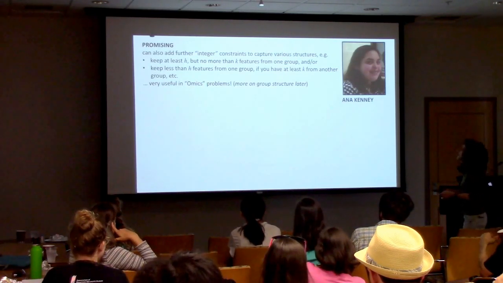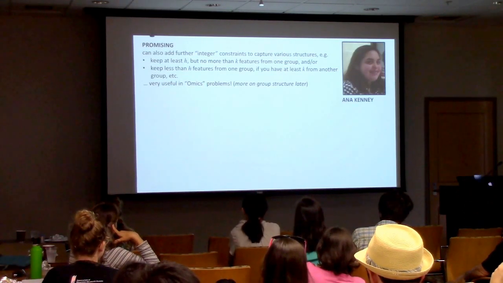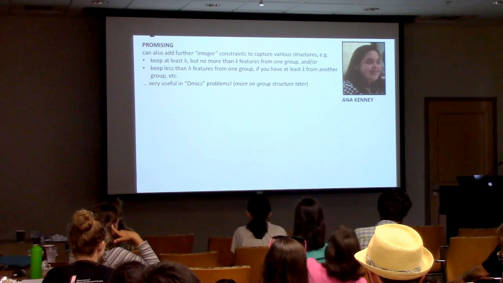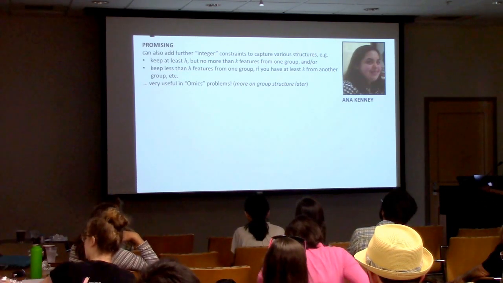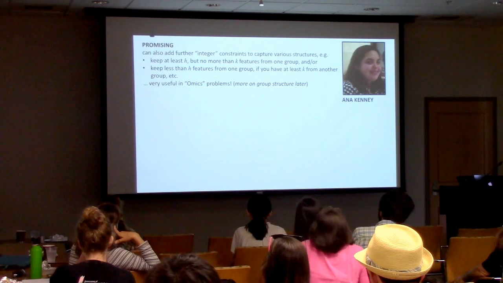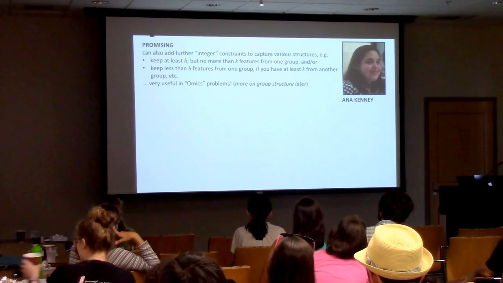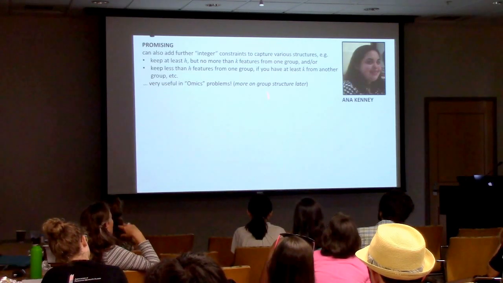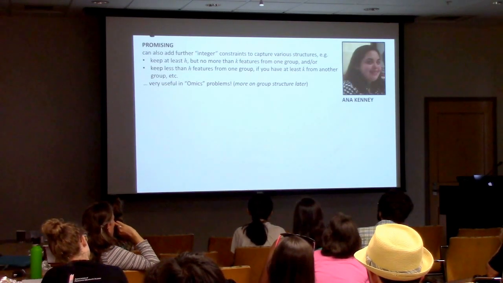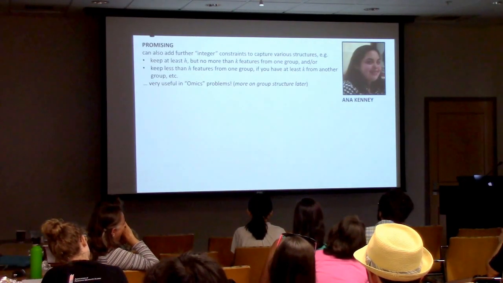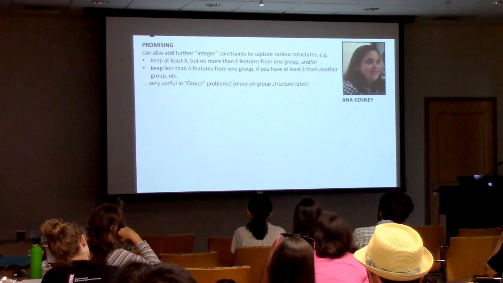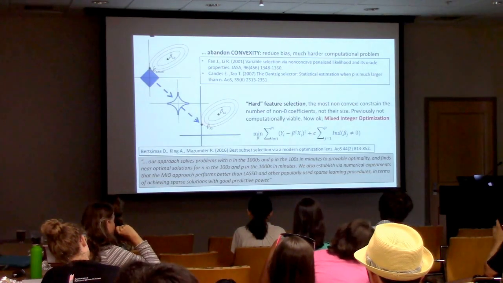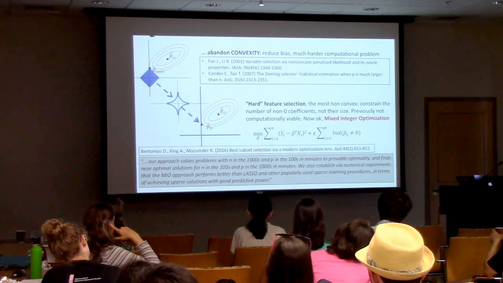Okay. So here I'm just saying that this new mixed integer optimization-based approach is rather interesting because, again, it addresses the real problem, the ideal problem that you would want to address, and also because it has a very straightforward way to introduce structure.